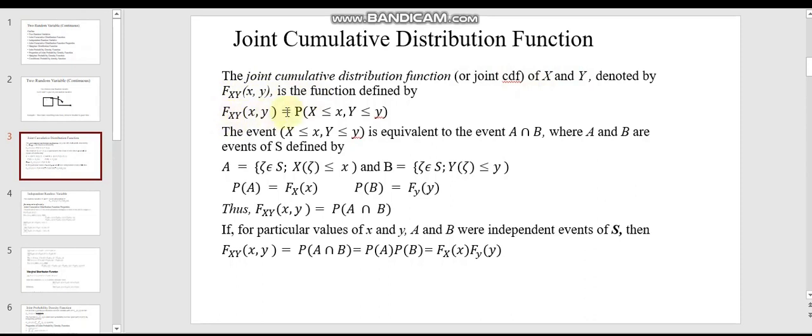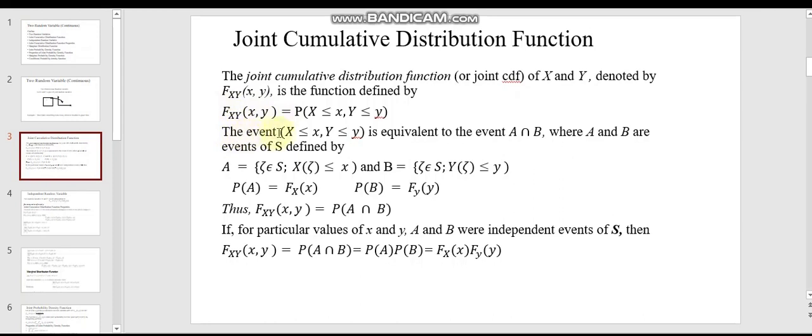Its definition is the probability that X is less than or equal to small x and Y is less than or equal to some number small y. This is equal to the CDF of the two random variables X and Y.